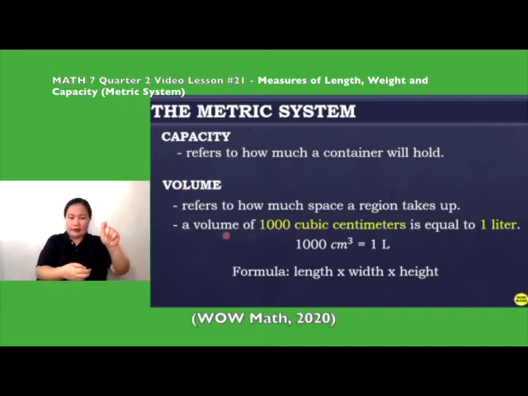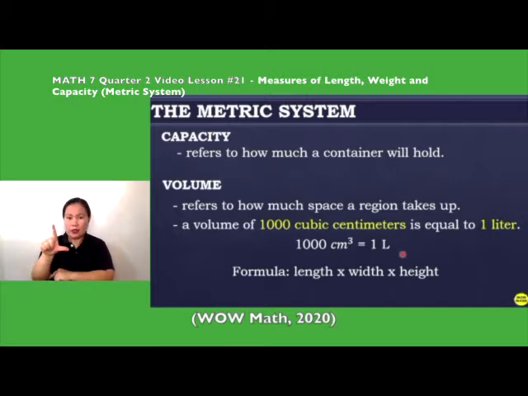So, remember that a volume of 1,000 cubic centimeters is equal to 1 liter. Tatandaan po na for every 1,000 cubic centimeters, that is equal to 1 liter. Ito po yung symbol niya. Kagaya ng pool, volume yon.